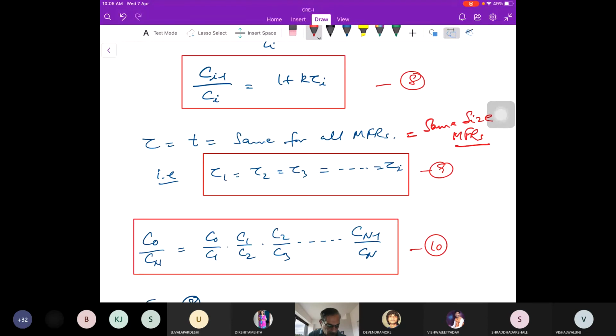So now we can write, if you want to find out conversion for the nth reactor or concentration at the end reactor, we'll write C naught upon Cn for the nth reactor, and we can write this as C naught upon C1 into C1 upon C2, C2 upon C3, like that, series करके up to Cn minus 1 divided by Cn. Because now we have this thing, right? Like this is C1 upon C2. So we can substitute for C1 upon C2, C0 upon C1. Like that we can substitute for each reactor or each of these terms.